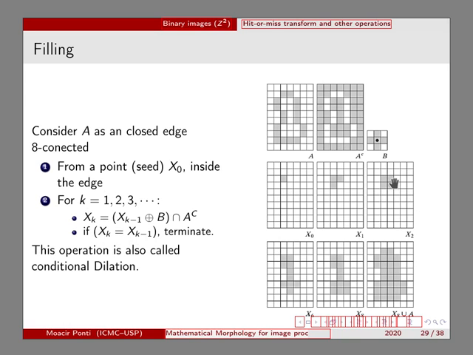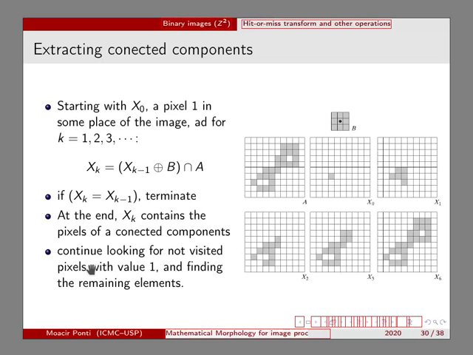We continue dilating it, and we are going to fill it until it is completely filled within. This operation is also called conditional dilation, because we dilate it, but we restrict it within some shape. And here, this is the actual A union with the filling that we just did.